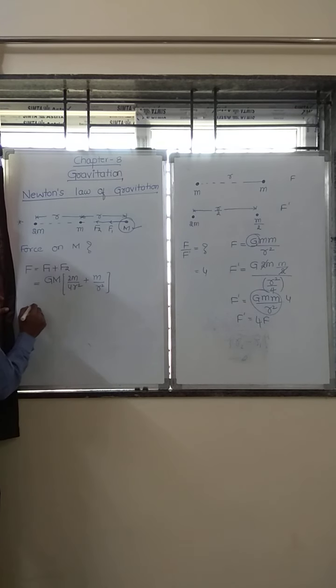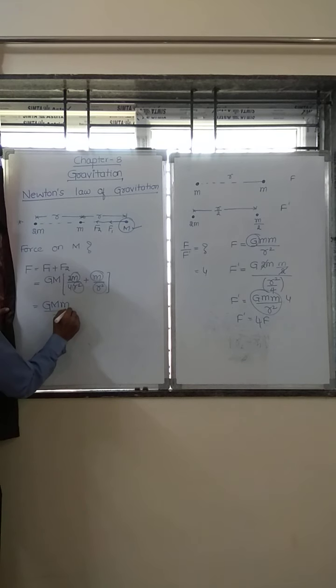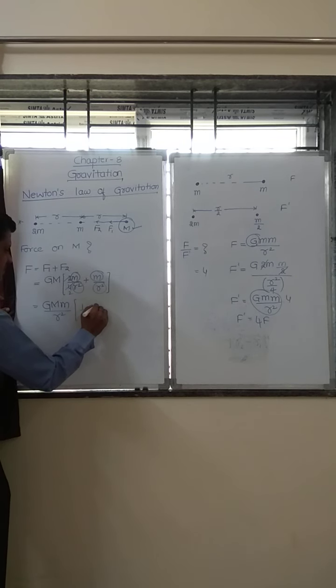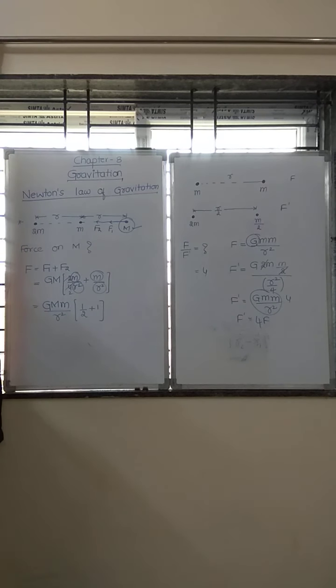So here capital G, capital M, small m is common in both, and r square is also common. 2 ones are 2, 2 fours are 8, so the remaining is 1 by 2 plus, and you can simplify the remaining. Right? One question.